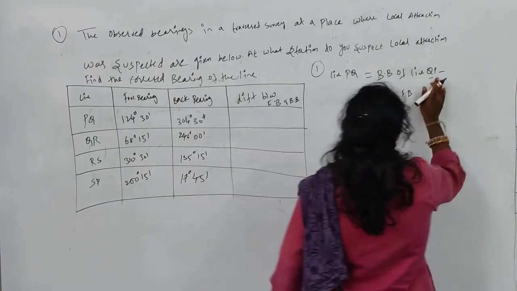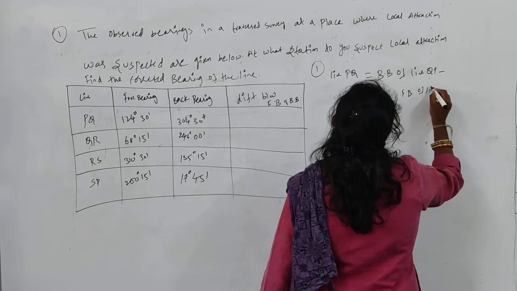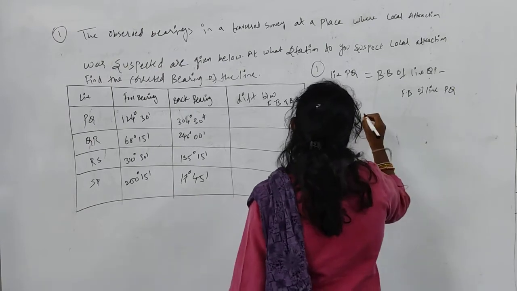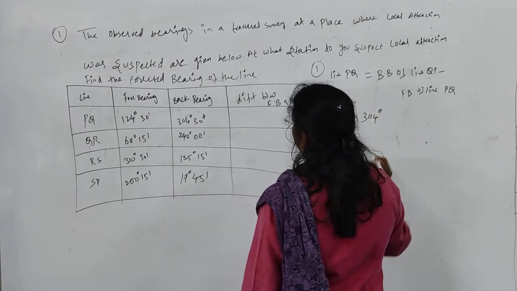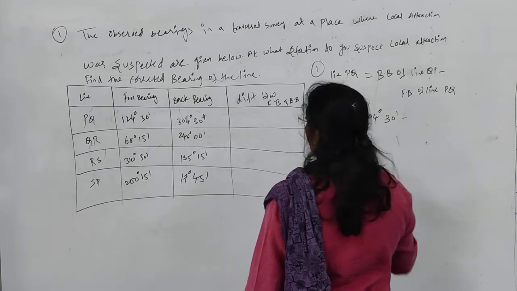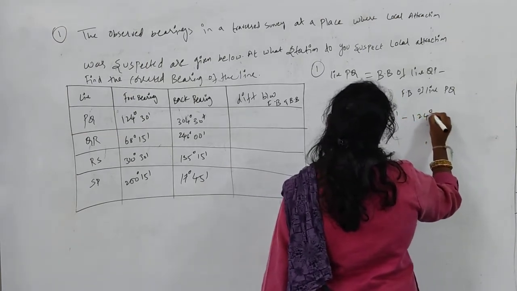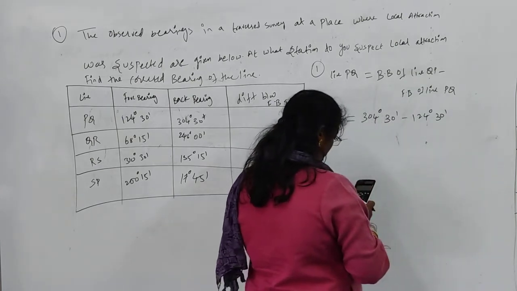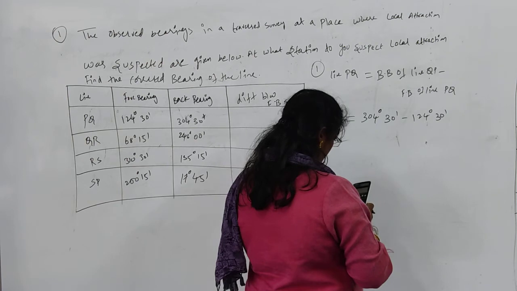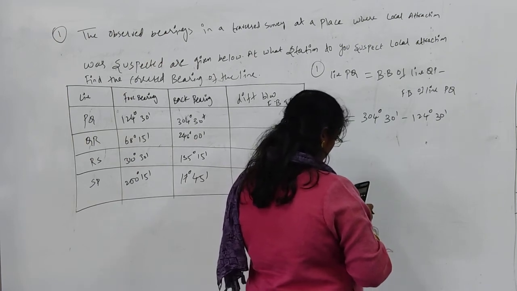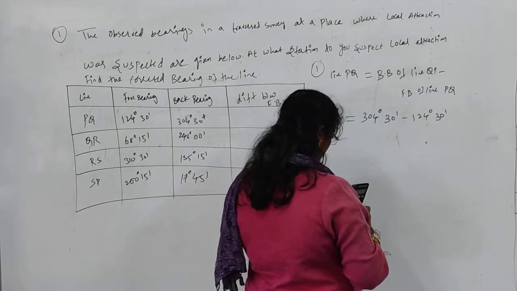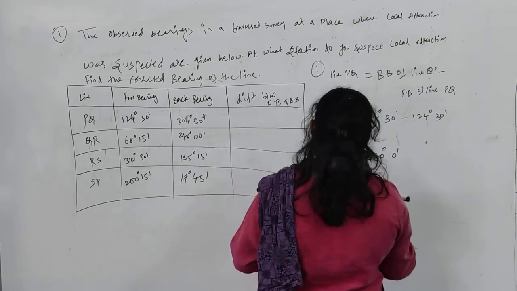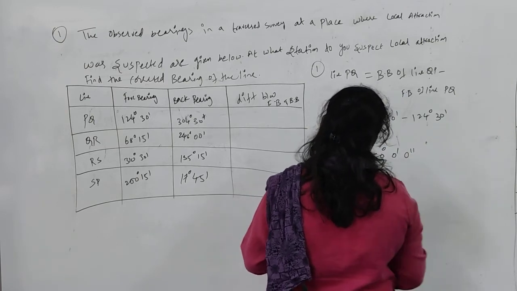So write here the forebearing of line PQ. So what is the value here? 304 degrees 30 minutes minus 124 degrees 30 minutes will give you the value 180 degrees 0 minutes 0 seconds.